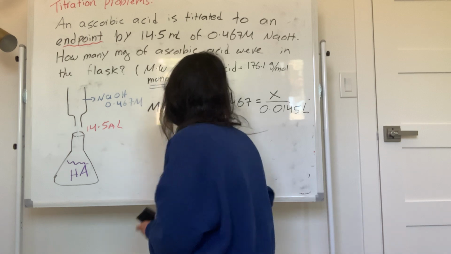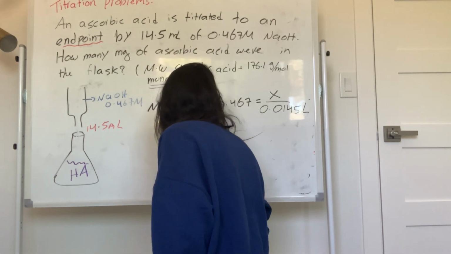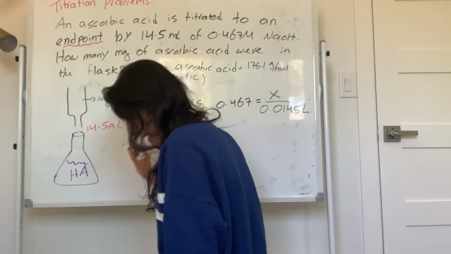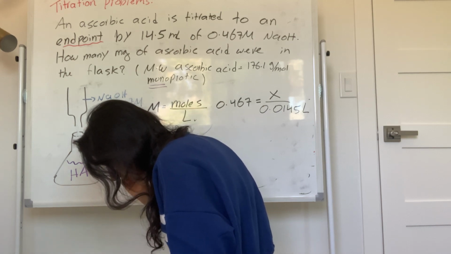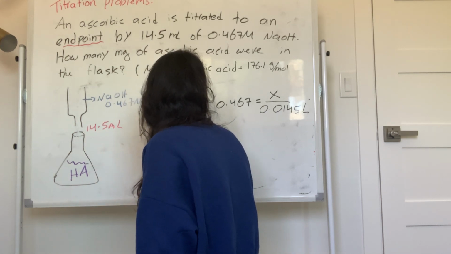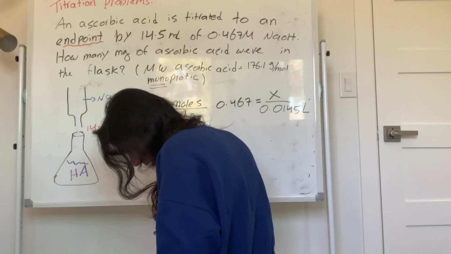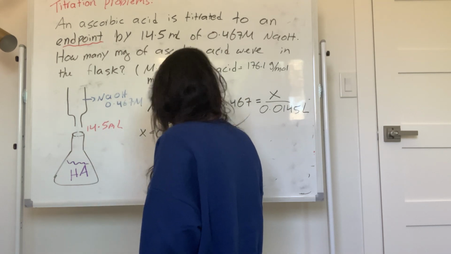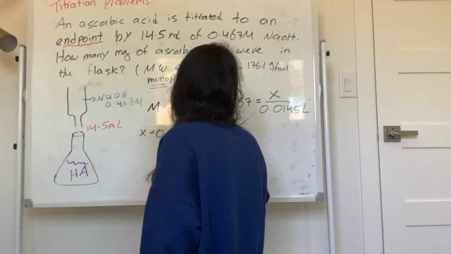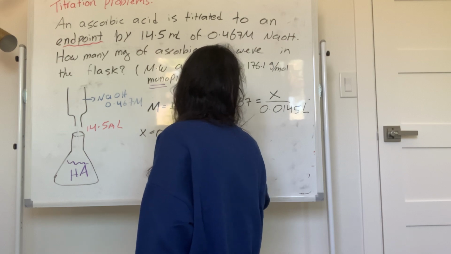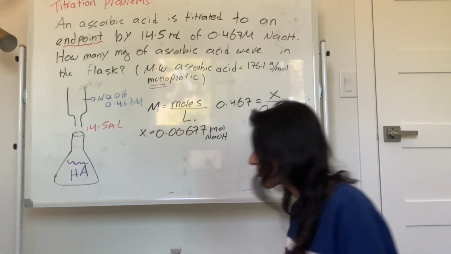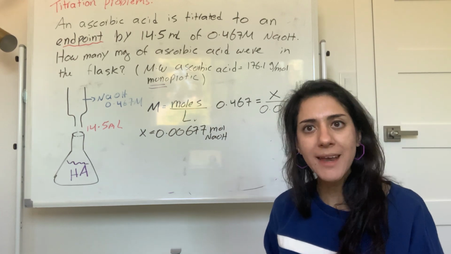Okay. So now if I find out what X is, for X, I get 0.00677 moles of NaOH.